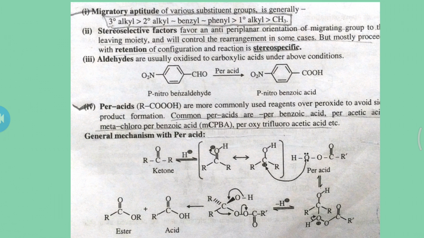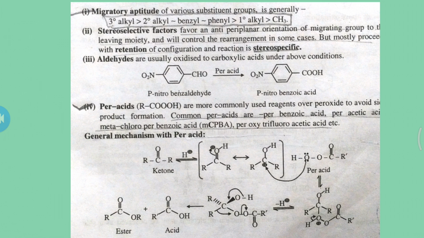There are again two types, retention and inversion of configuration. In this Baeyer-Villiger reaction, the reaction mostly proceeds with retention of configuration and the reaction is stereospecific.